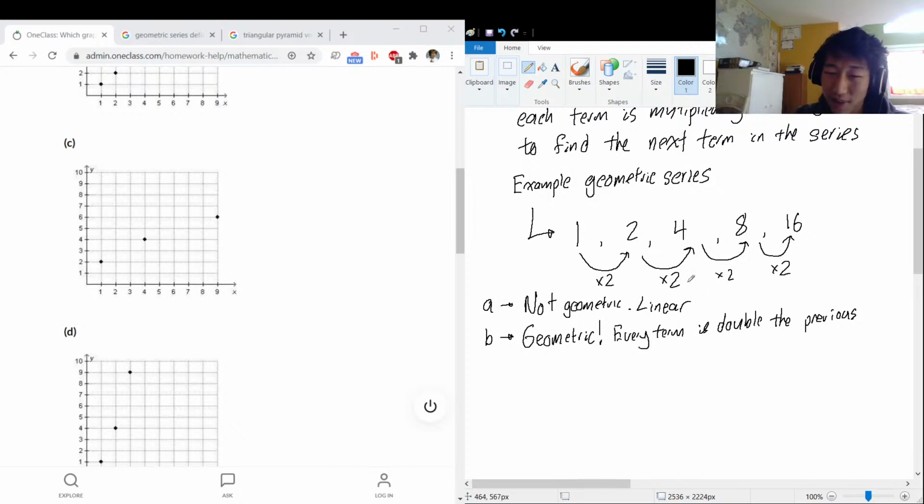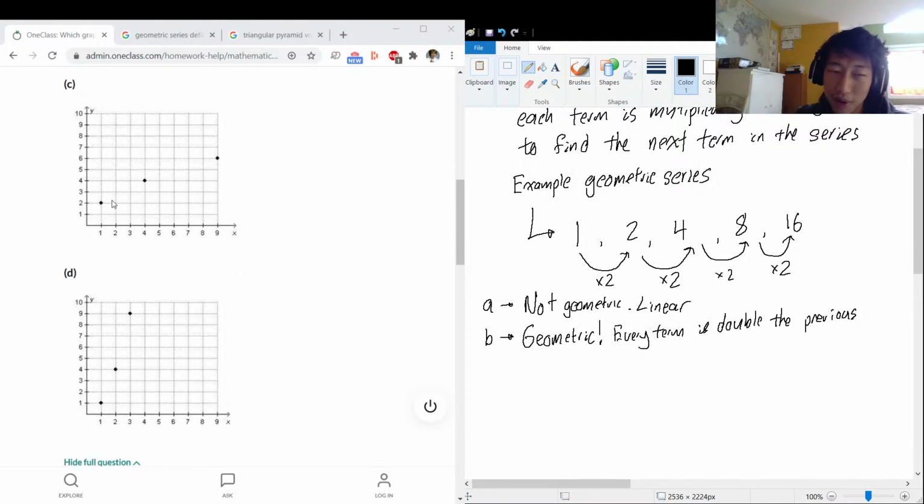I think the main red flag is that these terms are not perfectly beside each other. So either we're skipping terms or something else is going on.